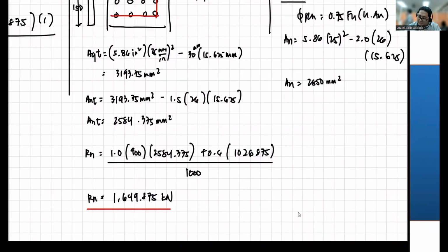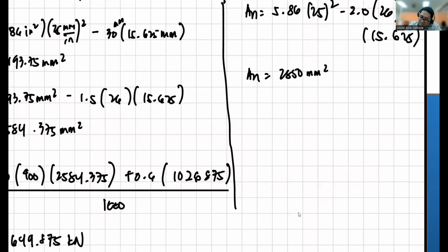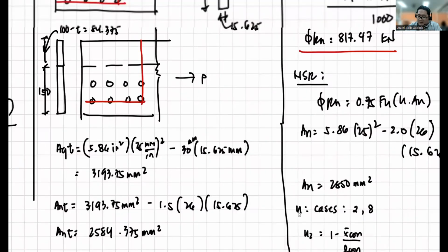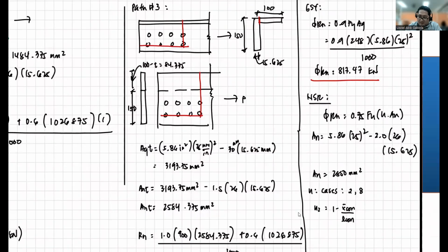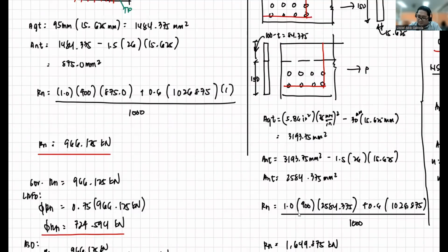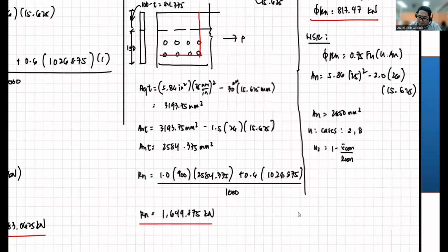And then, we have yung shear lag factor natin. Ang applicable cases natin are case 2 tsaka case 8. For case 2, that is 1 minus bar x con over L con. Okay? So, when we look at L con, x con, ang connected part natin, again, abay tsura ng connection natin.